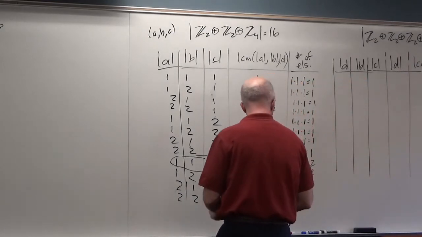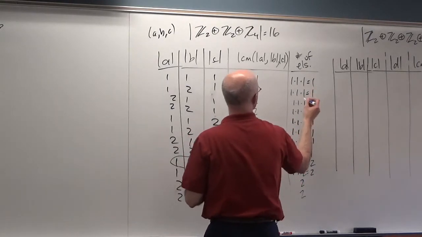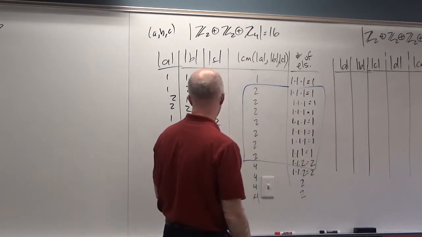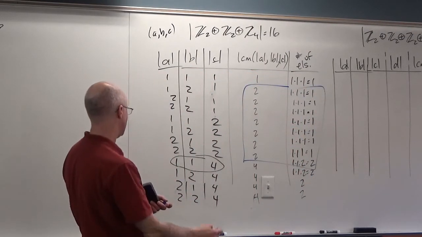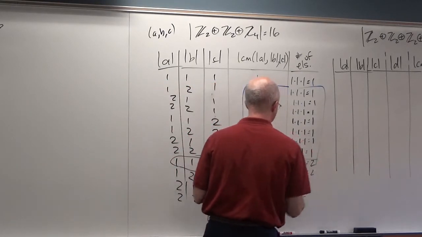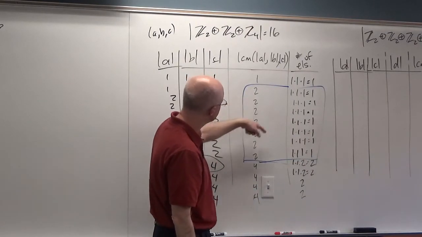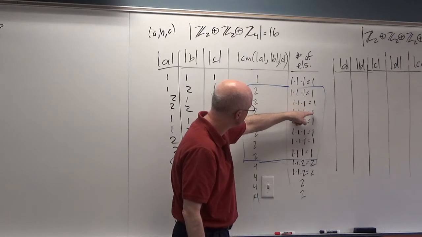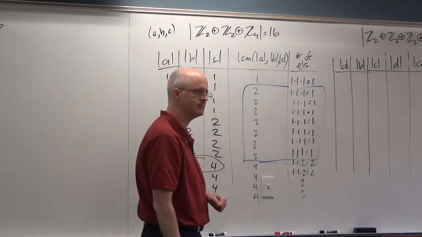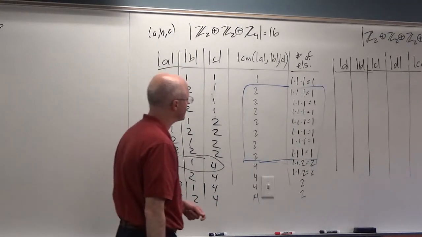All right, so the number of elements of order 2, oops, I'm not matching up right. Those are the elements of order 2, where the least common multiple is 2. How many of them are there? 1 plus 1 plus 1, etc. 1, 2, 3, 4, 5, 6, 7. Did I miss that? Right? I can always check the answer at the end.